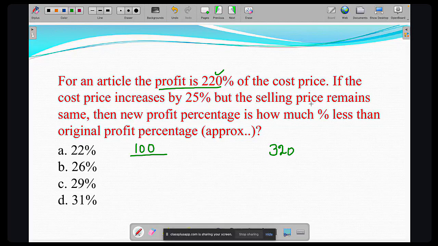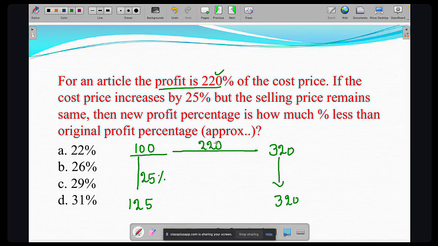Yes, sir. Now, if the cost price is increased by 25 percentage, the cost price will now be 125, but the selling price remains constant. The selling price is the same, which means 320 only. Previously my profit was 220.